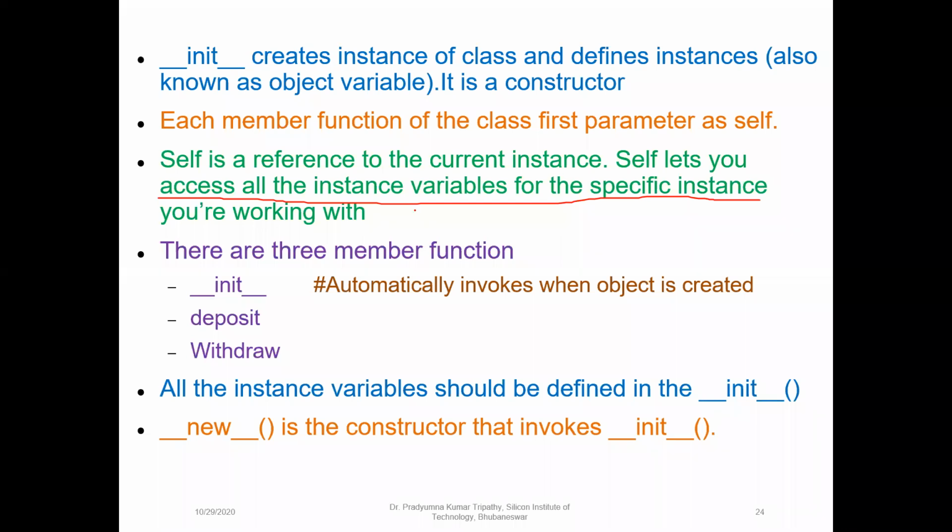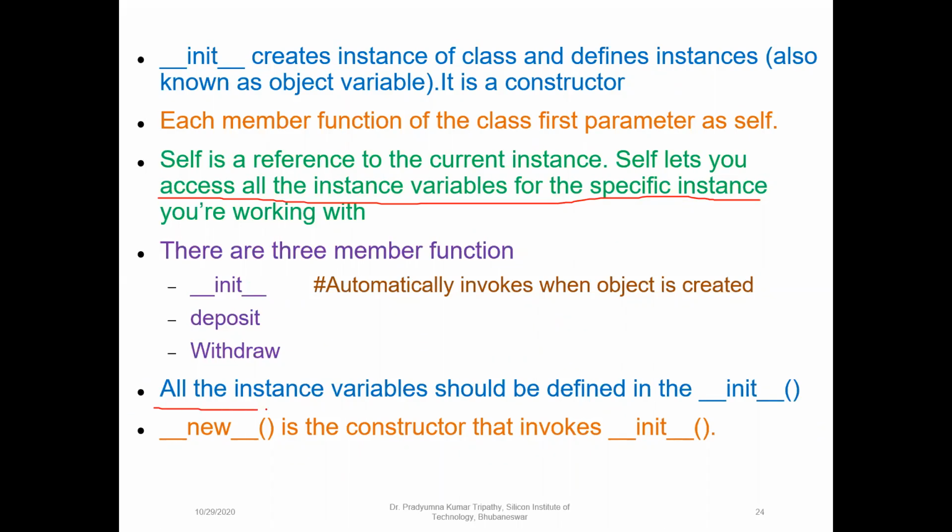So inside that class, we have 3 member functions: INIT, deposit, and withdraw. Out of which INIT will be invoked whenever an object is created. All the instance variables should be defined in the INIT. So if you have some data members that you are using, they should be defined inside.